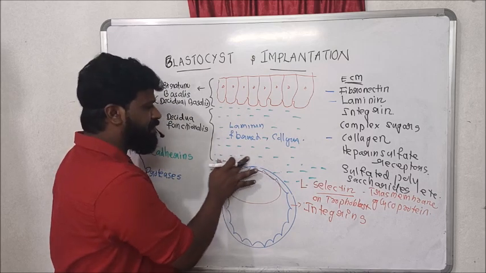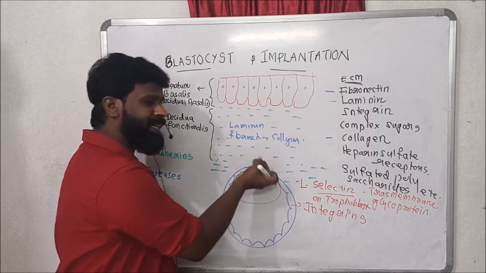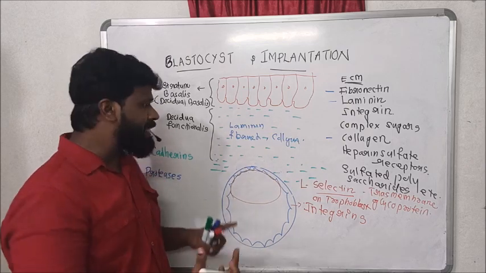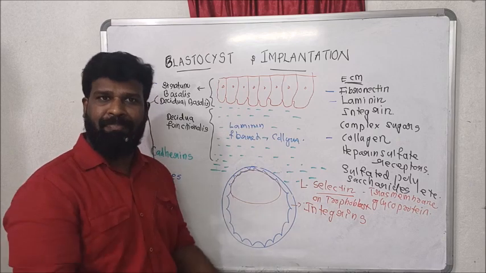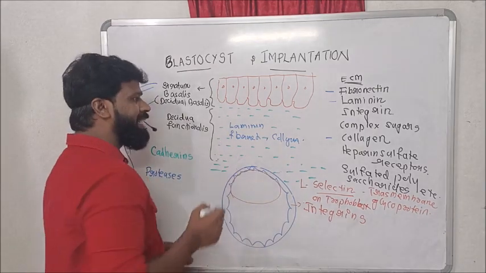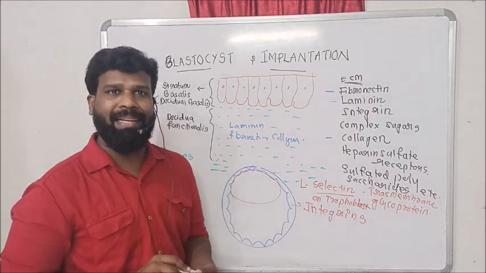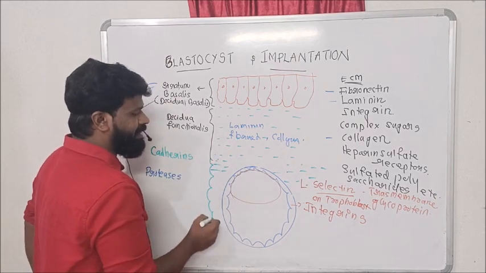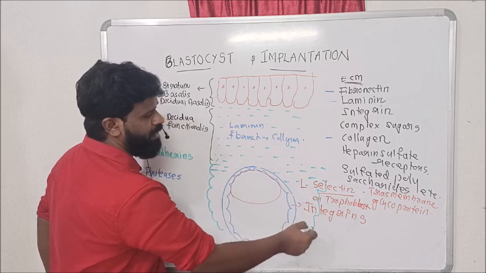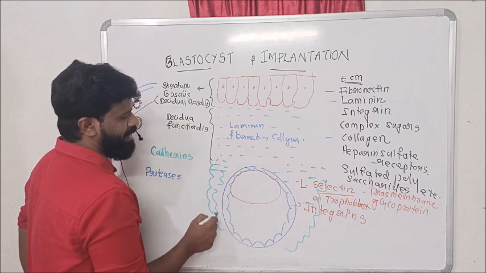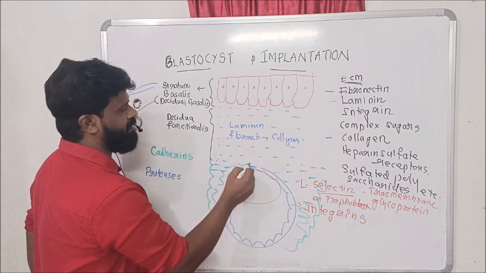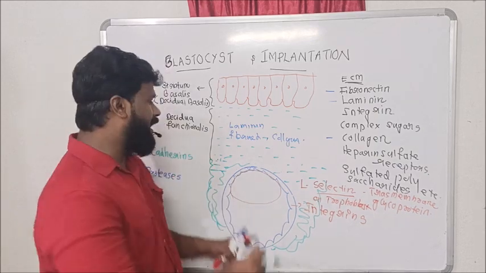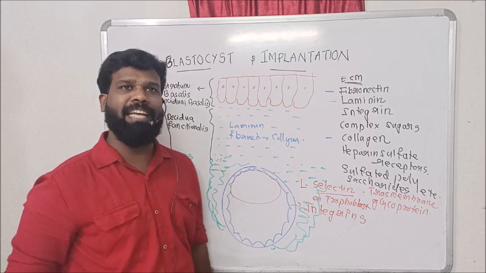After the digestion of the extracellular matrix by the proteases secreted by the trophoblast, the uterine cells divide rapidly. The endometrial cells divide rapidly and cover this blastocyst. As a result, now this blastocyst is embedded in the endometrium.